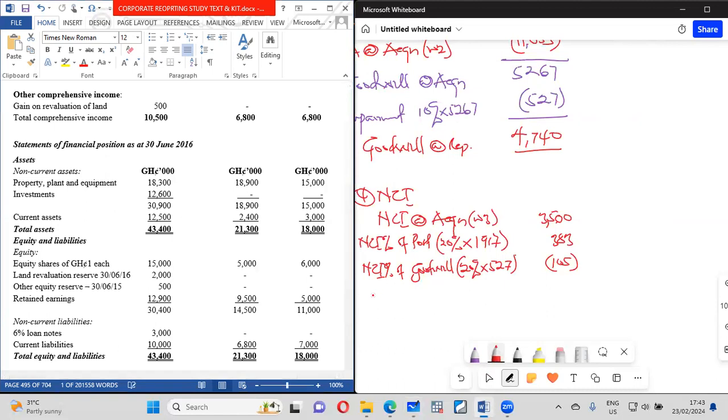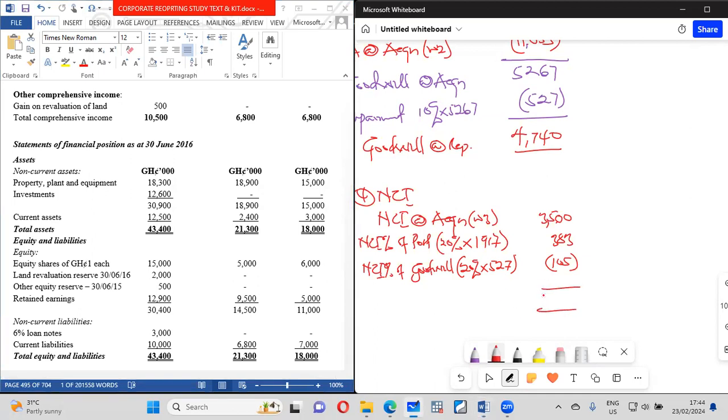Normally what comes here again will be any form of, let's say, preference shares in the subsidiary, any revaluation reserve that is also shared of the subsidiary. So we don't have those ones here. And if there were attributable NCI to it, it will come here. We don't have all those things in the question, so we can close this out.